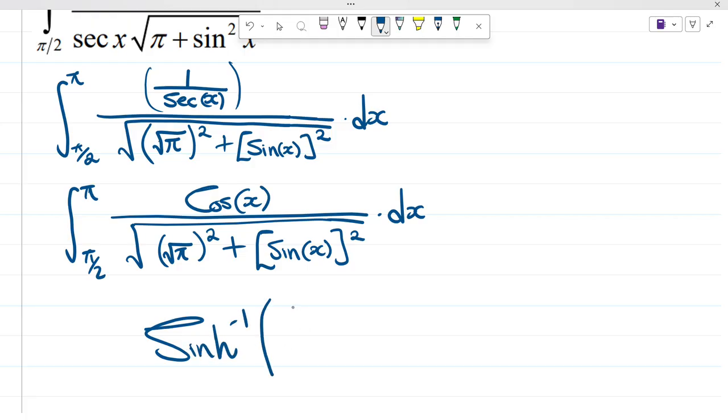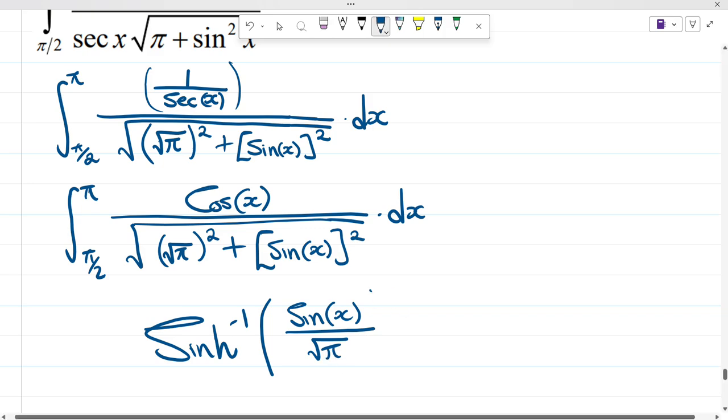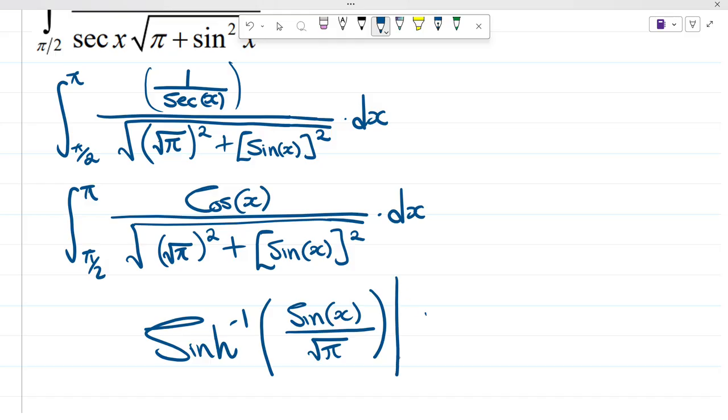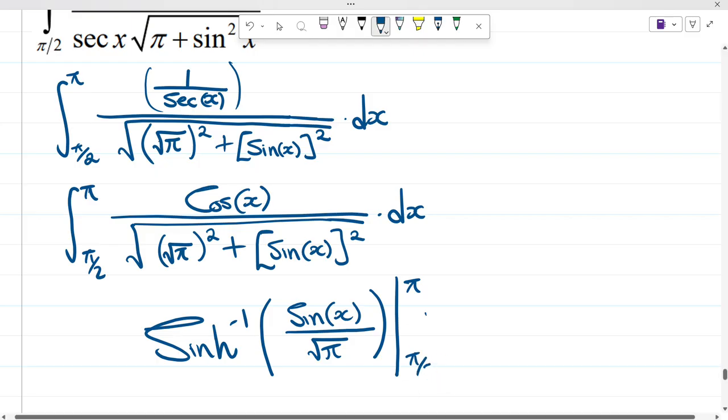Of my f of x being sine of x divided by a, our a being square root of pi, that's a pi there, sorry. And then we're not gonna write plus c because we're dealing with a definite integral, so we're gonna put our upper limit and lower limit just like that. So this is going to be like this. All right.